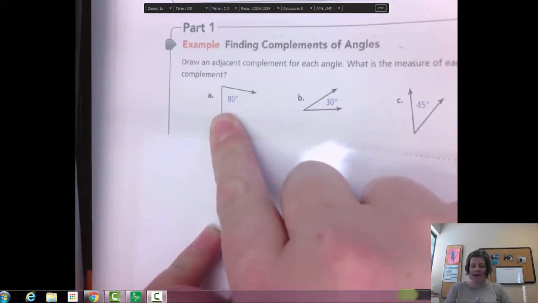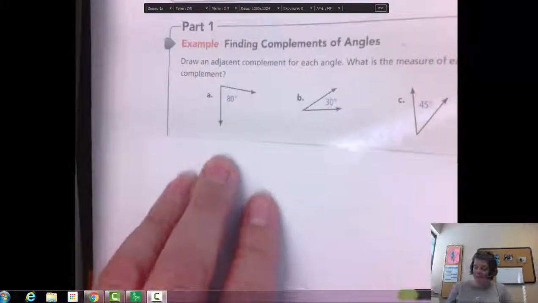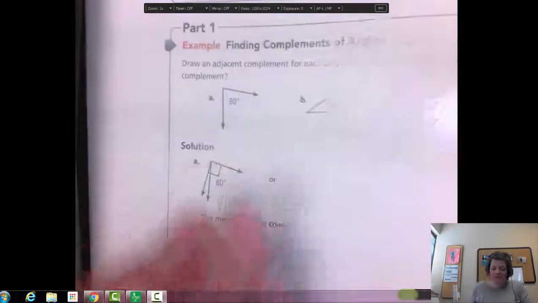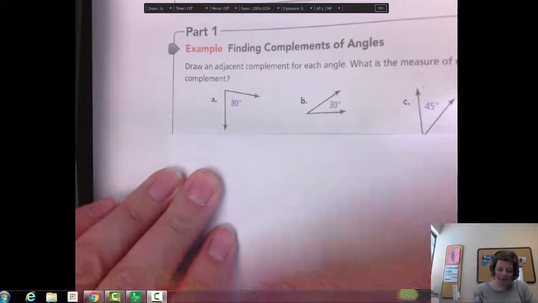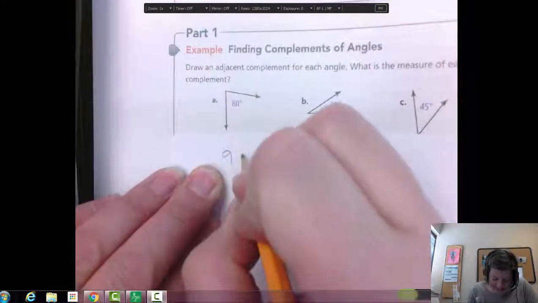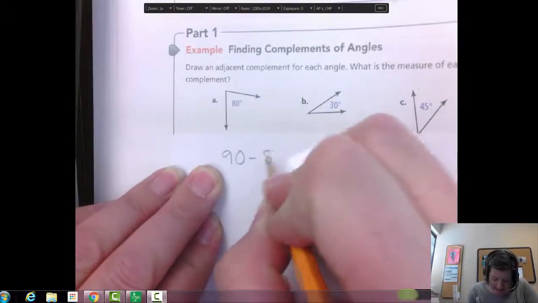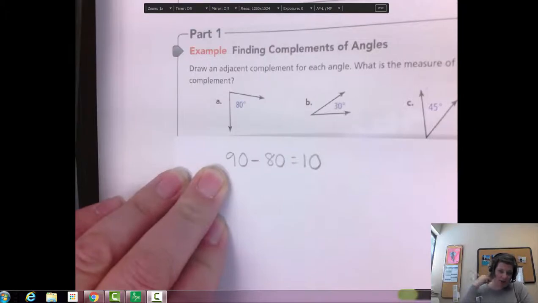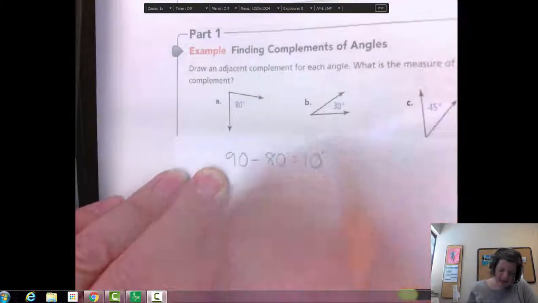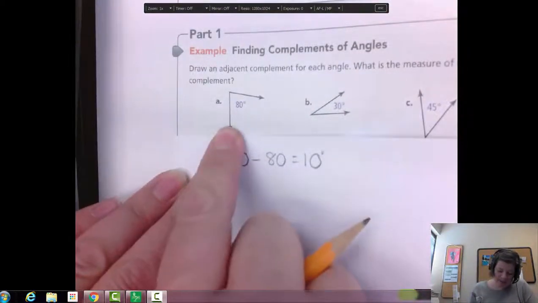Well, how would I do that? I would take 90 and subtract the 80 to get 10 degrees. So 10 degrees is angle A's complement.